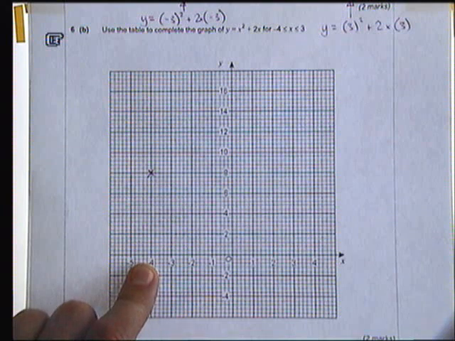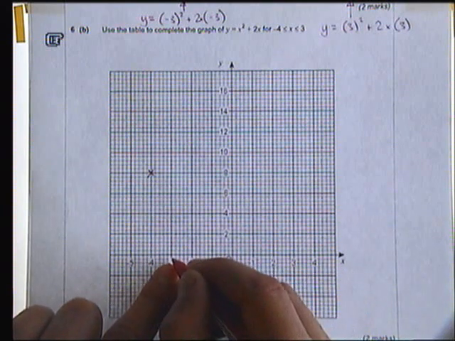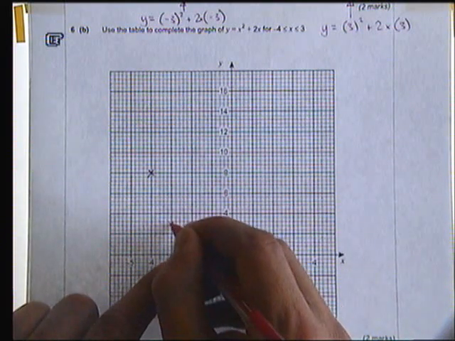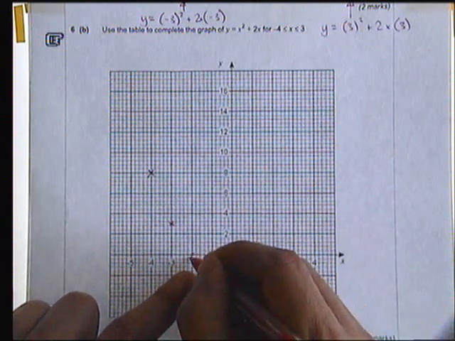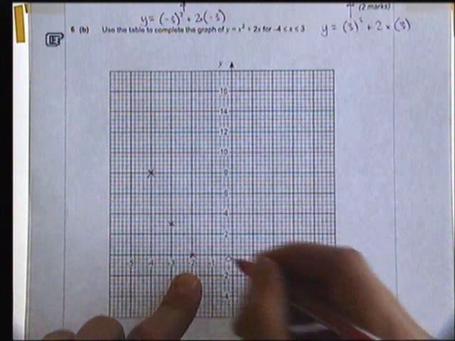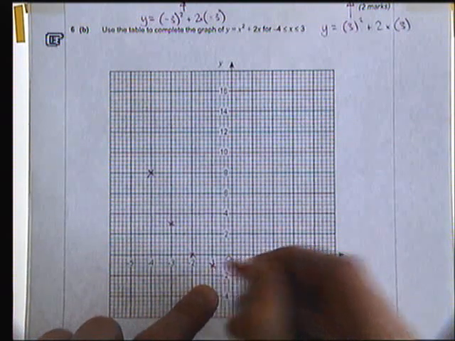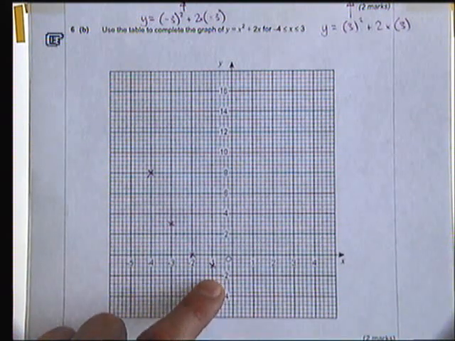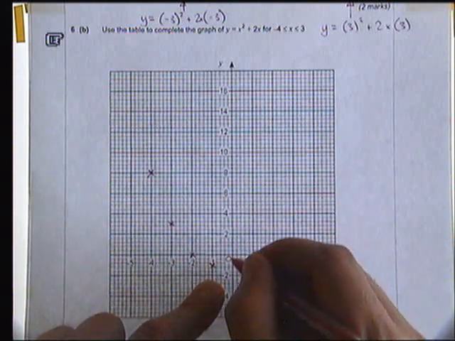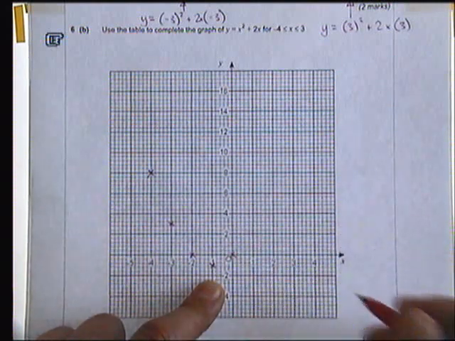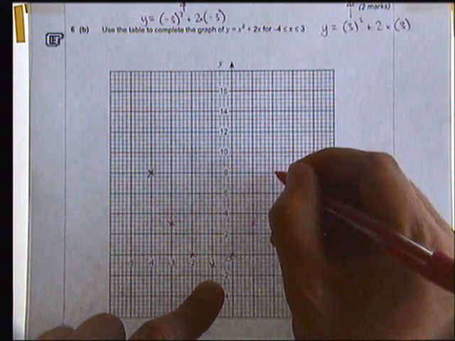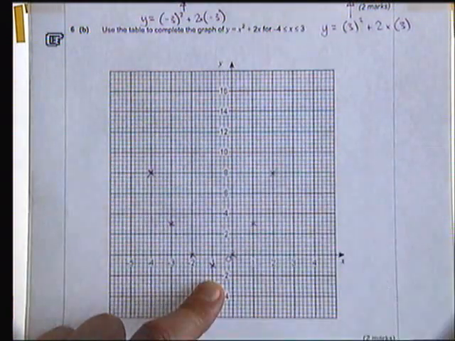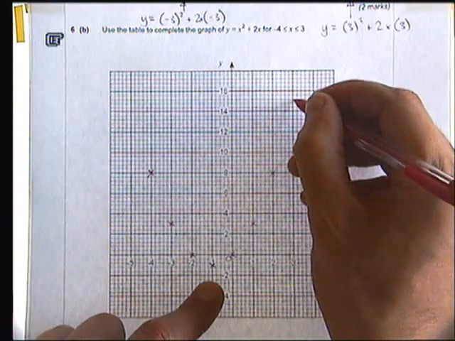The next one says -3 is the x value and 3 is the y value. The next one says -2, 0, and then it's -1, -1. Take care to read the scale for those odd numbers. 0, 0, 1, 3, 2, 8, and 3, 15.